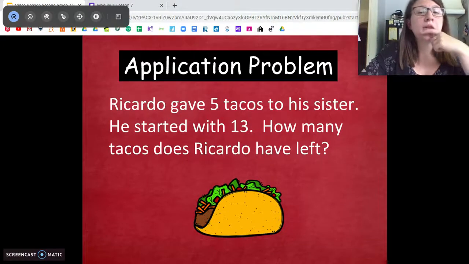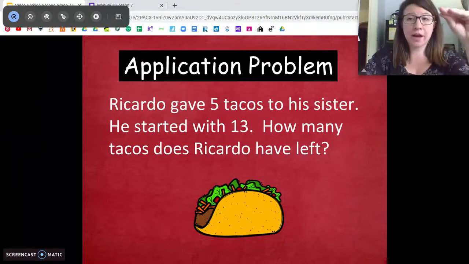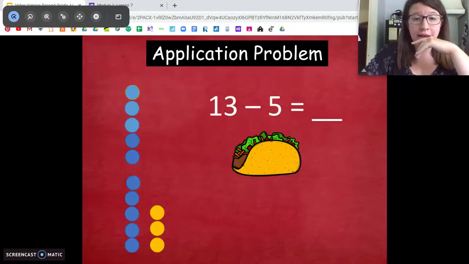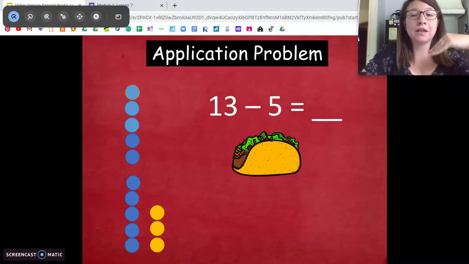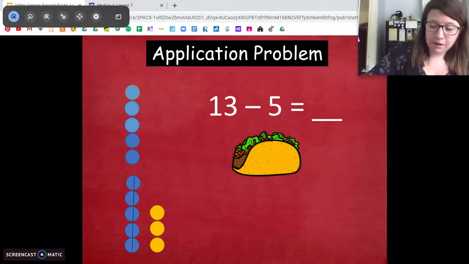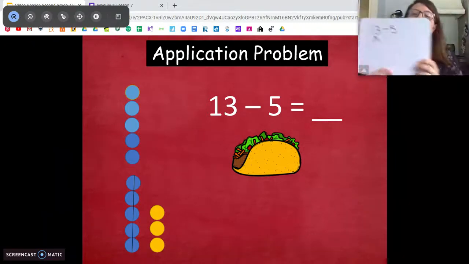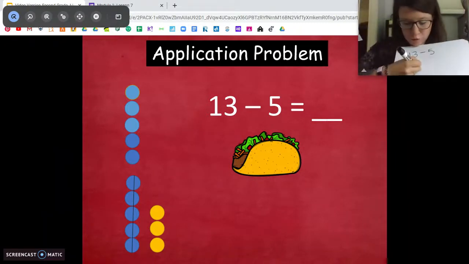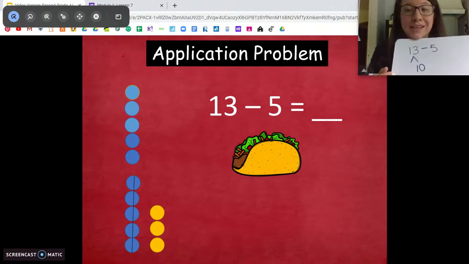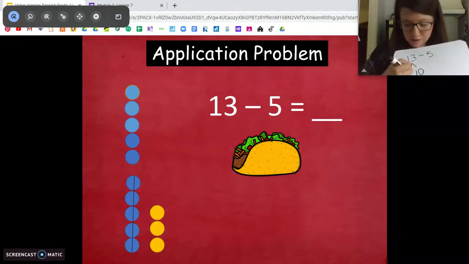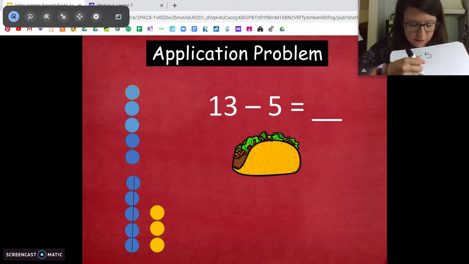Ready? Okay. So I know we're subtracting, so I'm going to subtract the 5 from the 13. Now, if I'm going to do the take from 10 strategy, I'm going to do 13 minus 5. And I'm going to break the 13 down into a group of 10 because I know 13 has 1 10 and my extra 1s.